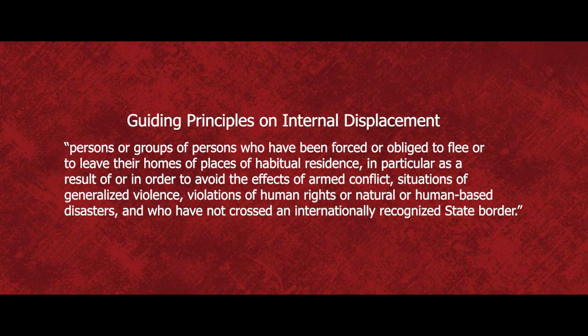That document defines IDPs as persons or groups of persons who have been forced or obliged to flee or to leave their homes as a result of, or in order to avoid the effects of, armed conflict, situations of generalized violence, violations of human rights, or natural or human-made disasters, and who have not crossed an internationally recognized state border.